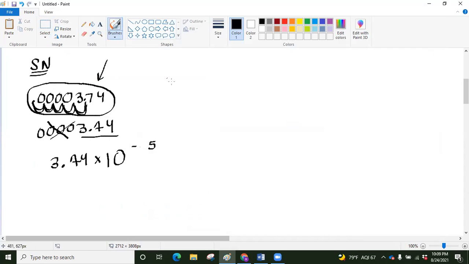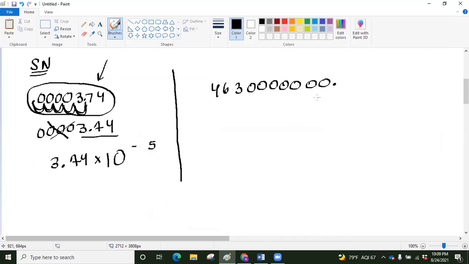Now, suppose that instead of having a very small number, we had a big number. For instance, I'm just going to write a random number here with several zeros. Now, that's very tedious to write. Scientific notation would tell us that there is in fact a decimal here, and that's implicit in all numbers. There is in fact a decimal after the number, even though it's not explicitly written there at times.